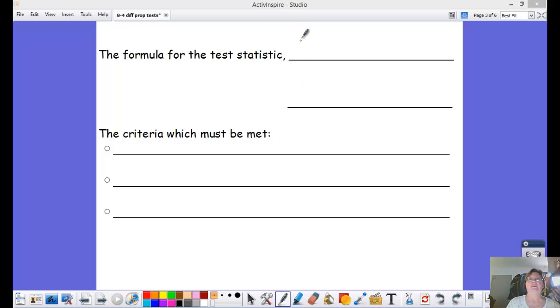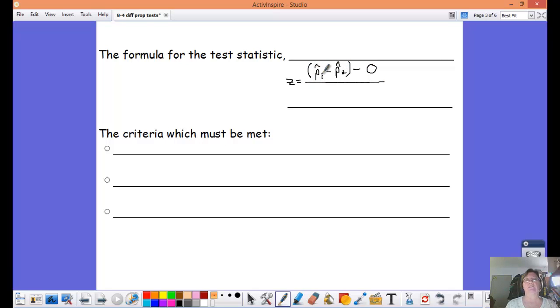Okay, the formula for the test statistic then looks like this. Z equals p-hat 1 minus p-hat 2, minus the population proportion difference, which you believe to be 0. I never put the minus 0 in there, so usually the top of this formula for me is just p-hat 1 minus p-hat 2.